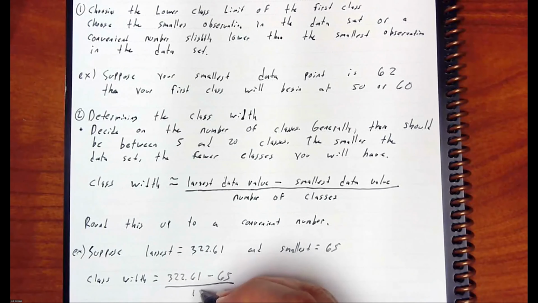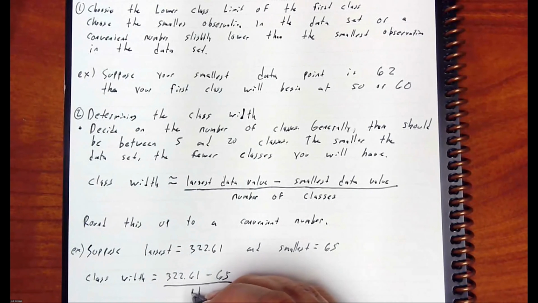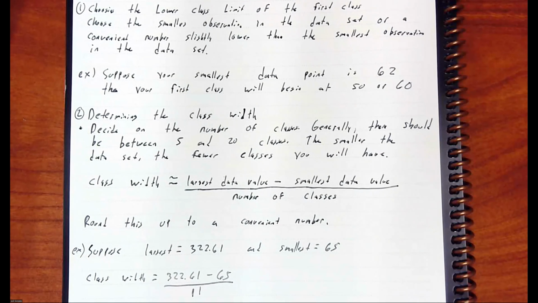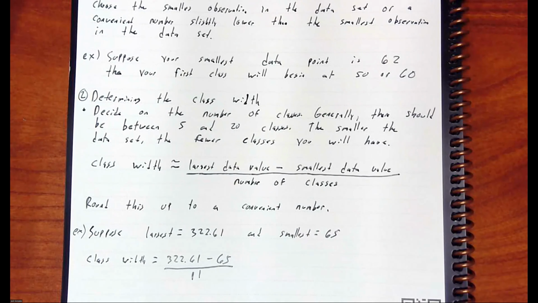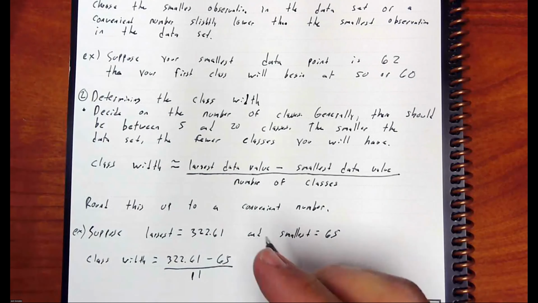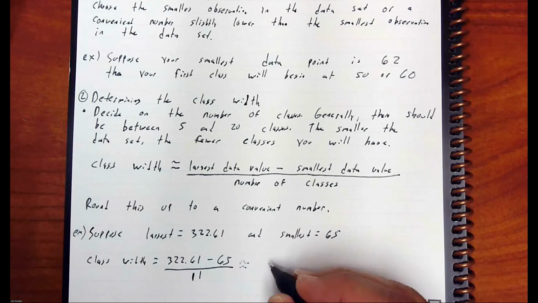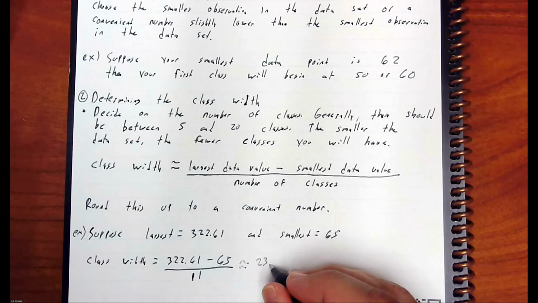So let's say they told us it was 11, just for this example, the book. I get approximately 23.419, so I'll stop it right here.